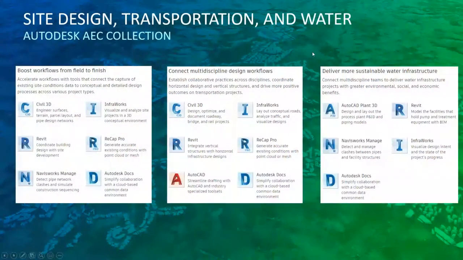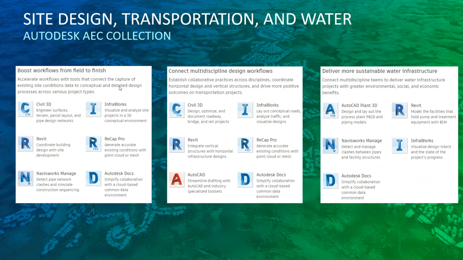So if we look at three common workflows or disciplines, we have site design, transportation, and water resource management. So the first grouping here pertaining to site design is an example of how Civil 3D and just a few of these other products from the collection go together.